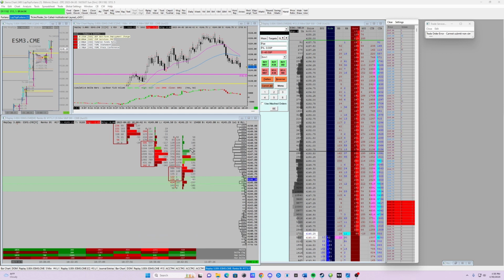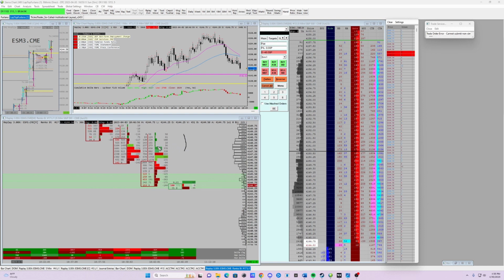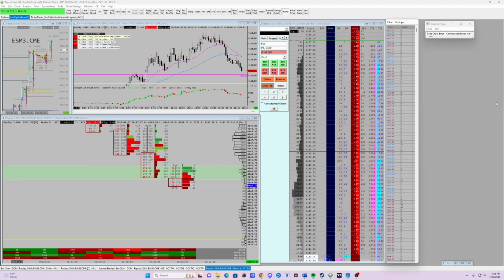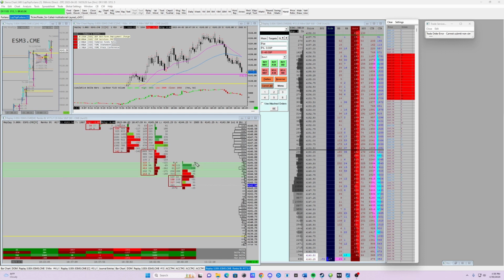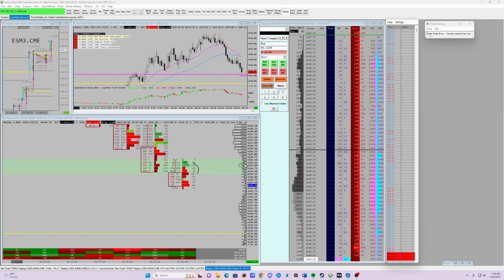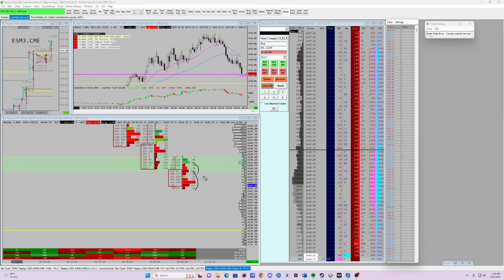So we know that this pullback is not acceptance because the nodes are extremely small here, right? There's not a huge aggressive move to the upside on large delta nodes where sellers have said we've given up. They have not given up, okay? And we just continue pushing price to the downside. Buyers try and get in front of a freight train again, and sellers continue to apply pressure to the downside.